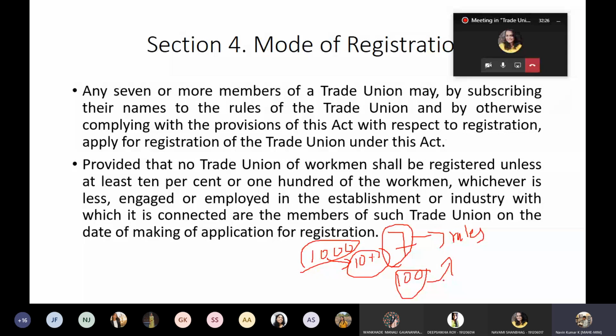Their names, details and signatures should be submitted before the registrar.